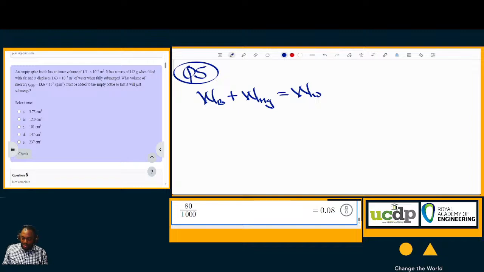Right, that's the weight of the water. Which means that the weight of the bottle plus the weight of the mercury should be equal to the weight of the water.